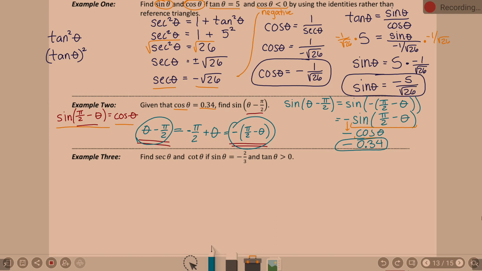But on this particular problem, we're being asked to find secant theta and cotangent theta, given that sine of theta is negative 2/3 and tangent of theta is greater than 0. And, whatever we end up doing, it's not necessarily right or wrong. It's just a matter of what we see. Thoughts of directions I could go.